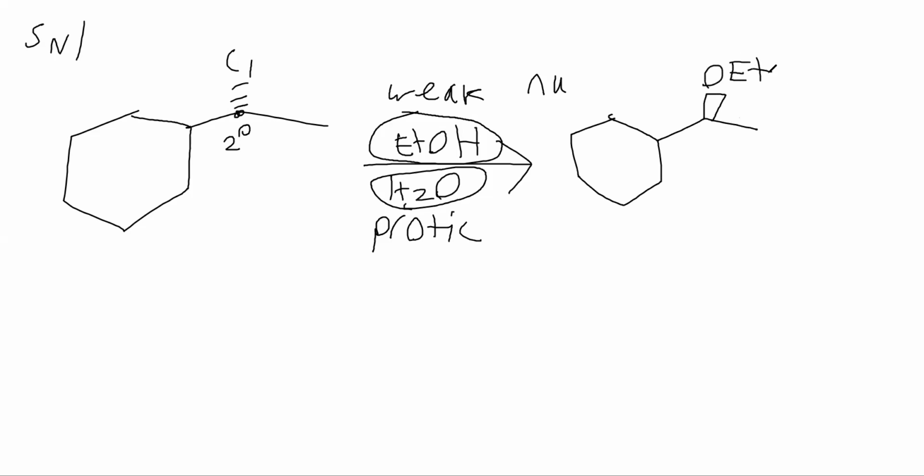No, it's not correct. I don't have this on my answer key, and it's not something I brought up with you last time, but when you do an SN1 reaction, I pointed out that the carbocation intermediate is sp2 hybridized, so it's flat.